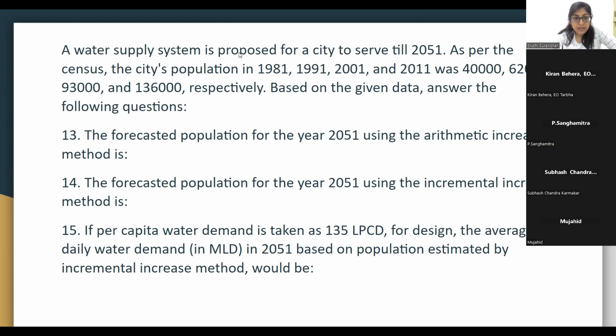Hi, did anyone get the answer for the 14th question? Shall I move on to the discussion of the solution, or do you need more time?